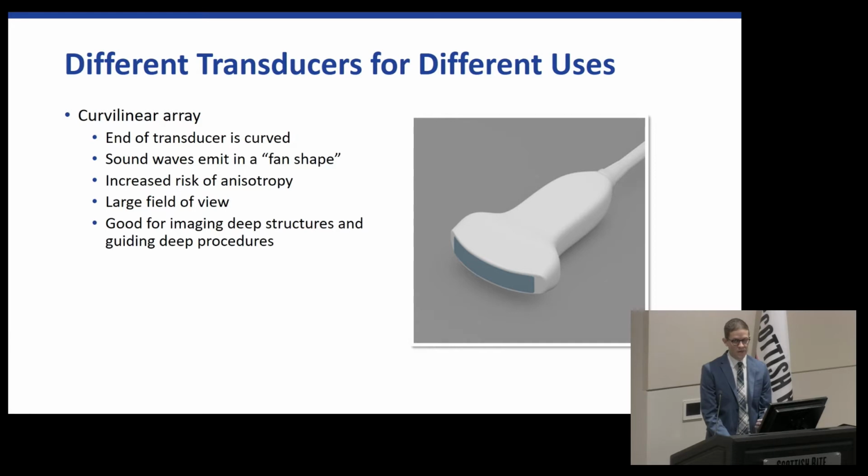So the sound waves are lower frequency, which means it can see things deeper, but the trade-off, as opposed to the linear probe, is that you don't have as great detail on those deeper structures, all right? So those are the main ones we stick to. We have the linear probe, which sees more superficial structures, which you can get more detail, and the curvilinear, which you can see deeper structures, but you lose detail on those.